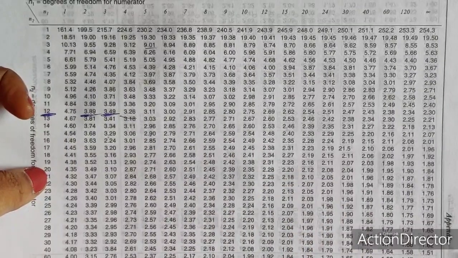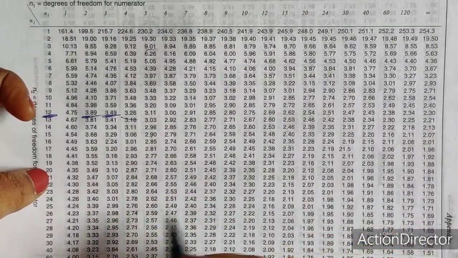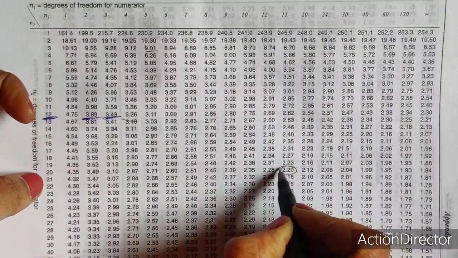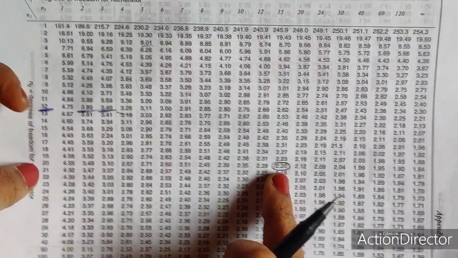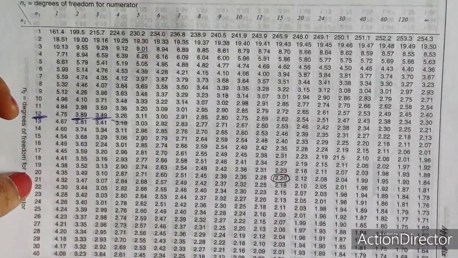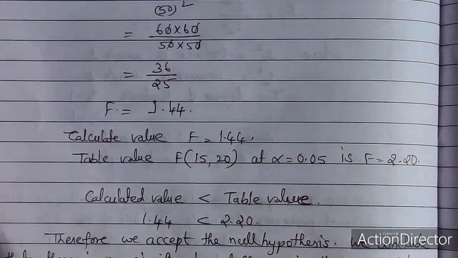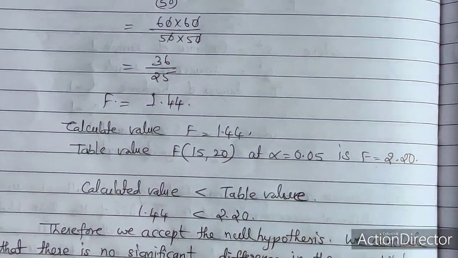So this is the table value. F is equal to 2.20.